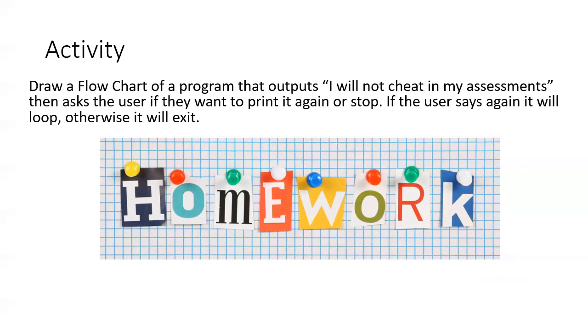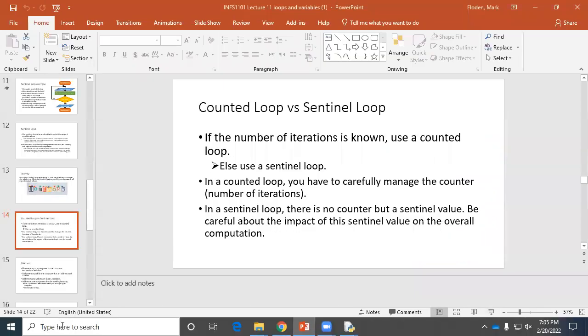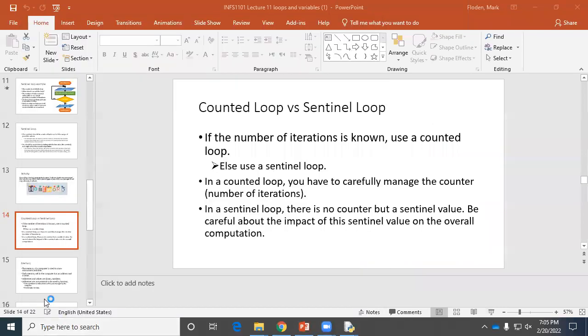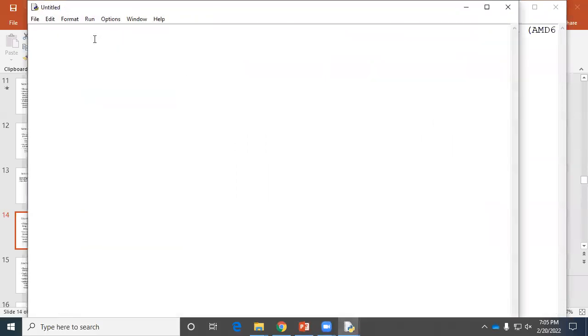If they say yes, then we continue. If they say no, then we end. So that's the very simplest Sentinel loop, I guess. Imagine that this is kind of like pseudocode, because Python does look a lot like pseudocode.